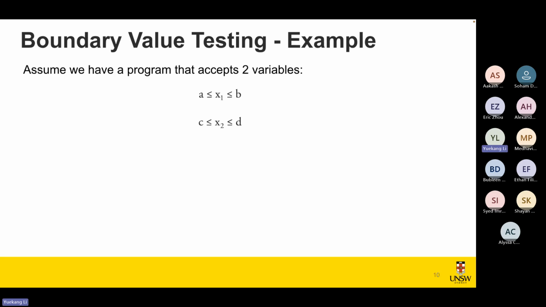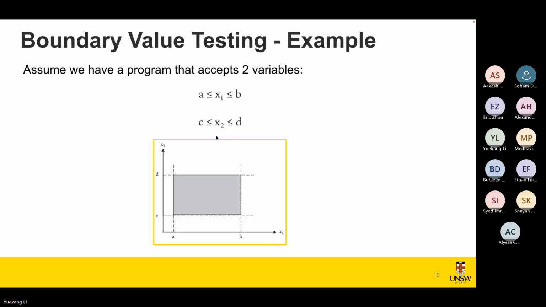Now let's take a look at an example to learn the different techniques for designing test cases. Assume that we have a program that accepts two integers, x1 and x2. x1 should be larger than or equal to a, but smaller than or equal to b. And x2 should be larger than or equal to c, and smaller than or equal to d.